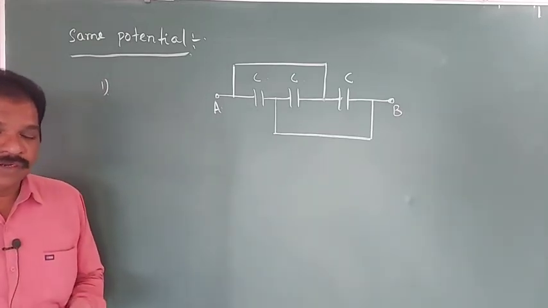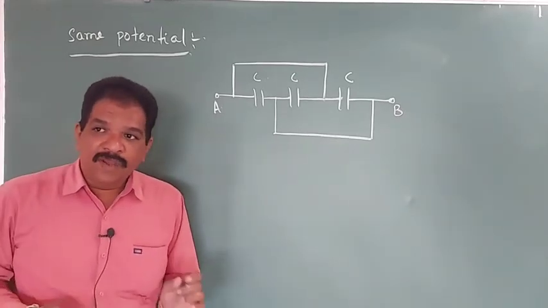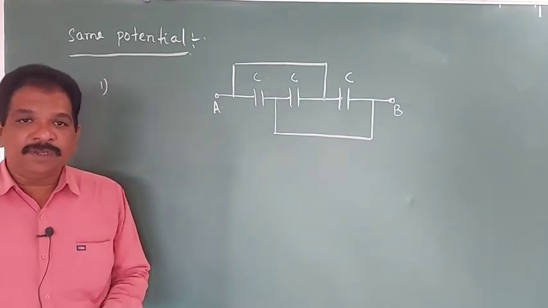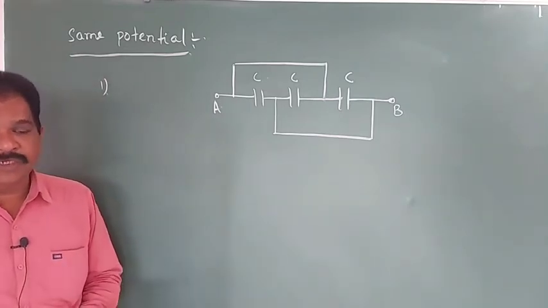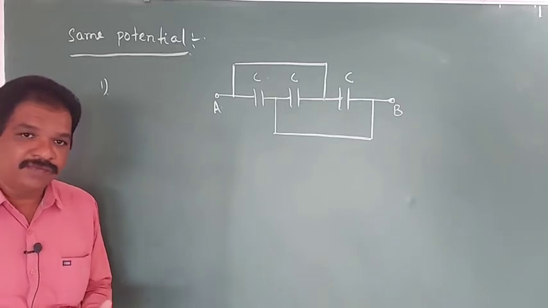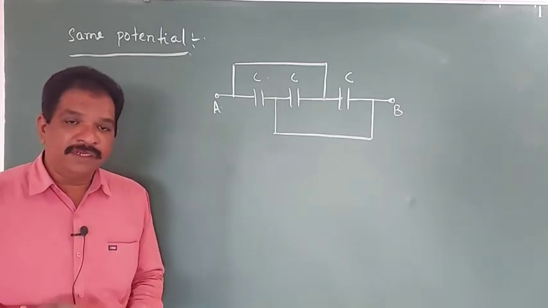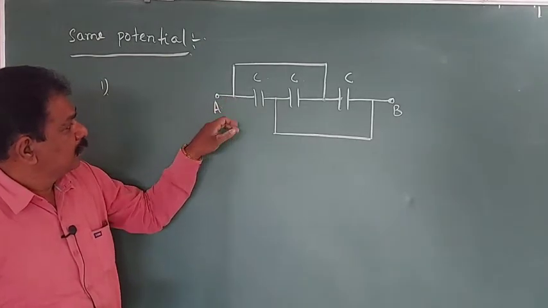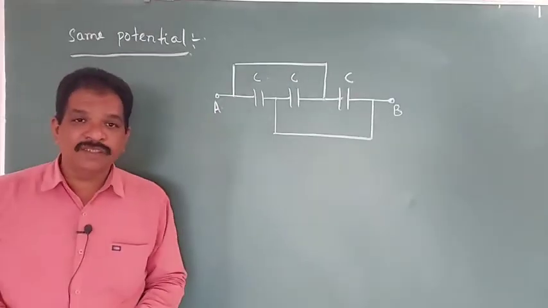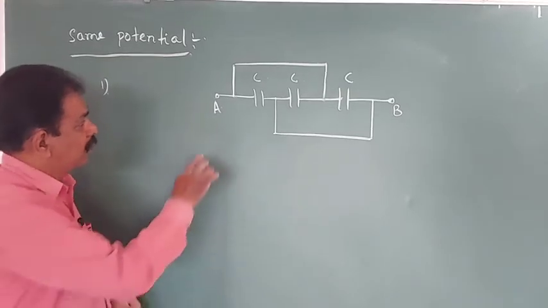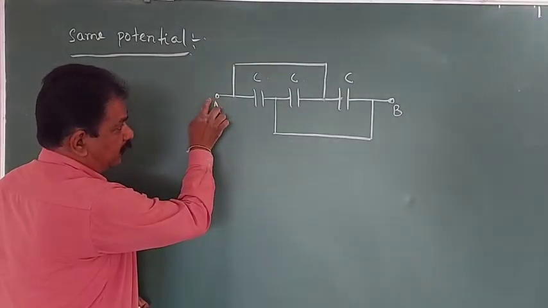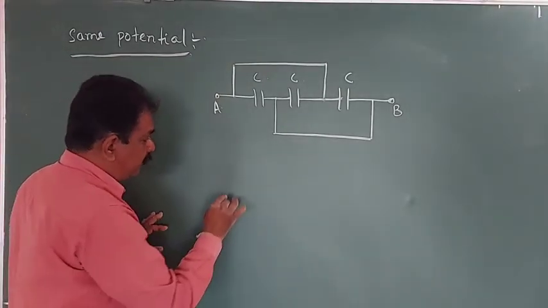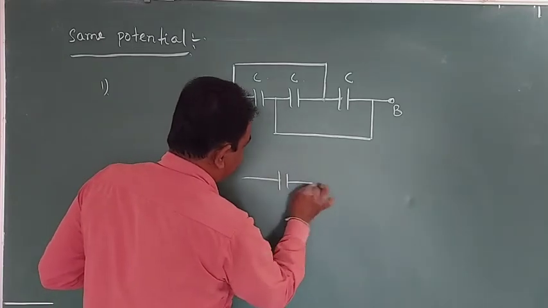What you have to understand is, on the wire at every point, same potential will be there. This is wire, na? Now for this diagram, what is the effective capacity? Here A I wrote. So we draw one more diagram for your understanding.